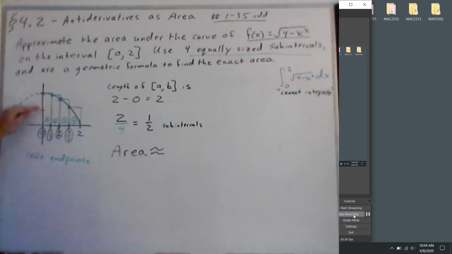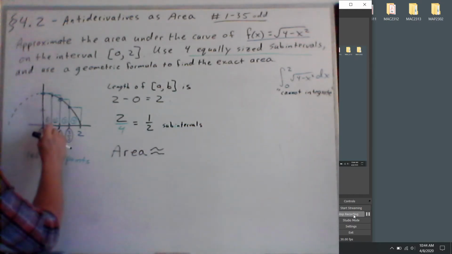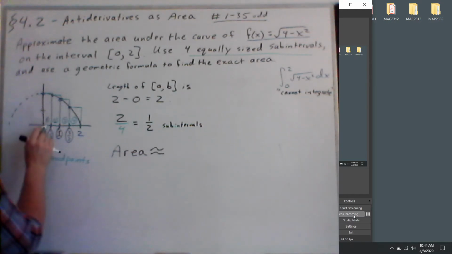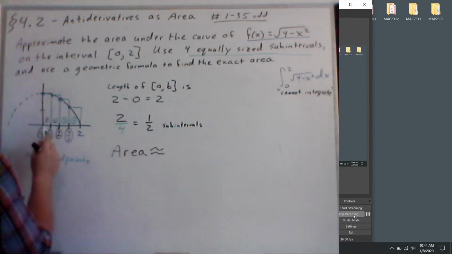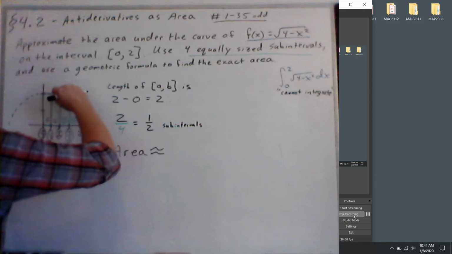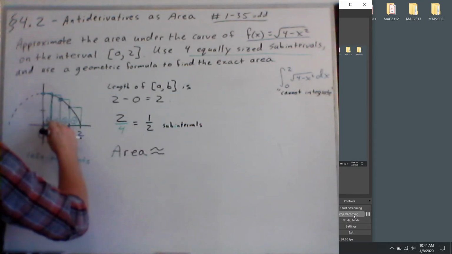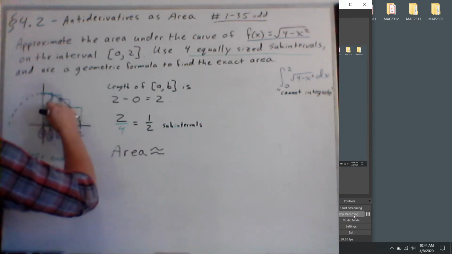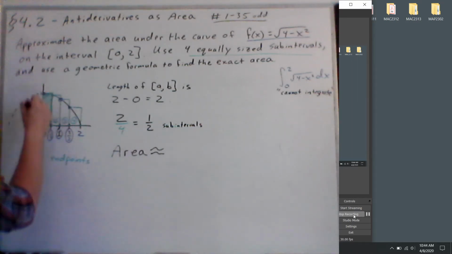which means I need to find the size of every one of these rectangles. Now this rectangle right here has a length of 1/2, right? I'm doing 4 subintervals from 0 to 2. So I chop that up into 4 subintervals. I go from 0 to 1/2, and then I go from 1/2 up to here. So there's my first rectangle. And that first rectangle is hitting that left endpoint.